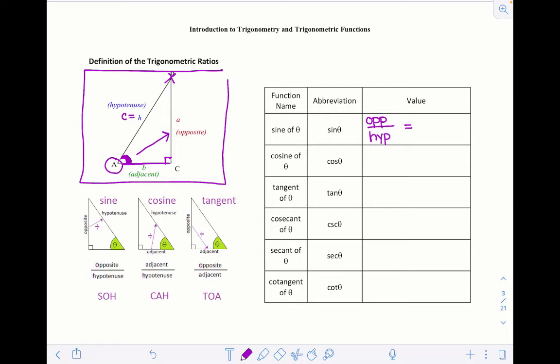And so looking at the triangle that I have boxed off in purple here, that would be A over C. The definition for cosine is adjacent over hypotenuse, which, since we're dealing again with that angle A, would be B over C. Tangent is opposite over adjacent, which in this case is A over B. So these are the 3 main trig functions that we'll be using.